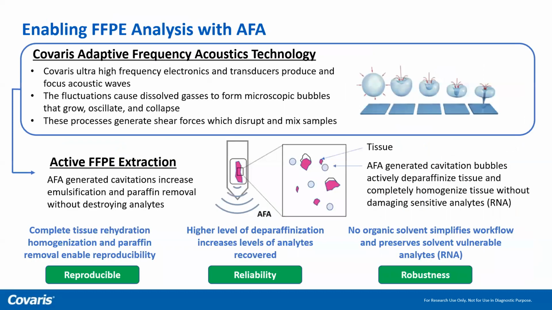So AFA is a technology which does not require any chemicals whatsoever in emulsifying wax and exposing the tissue out. So this energy is not just for matrix, but also for extracting the matrix first. Now imagine you have your FFPE or your scroll of wax with the tissue in it. You put it in a tube. AFA first switches on and gets the wax removed.